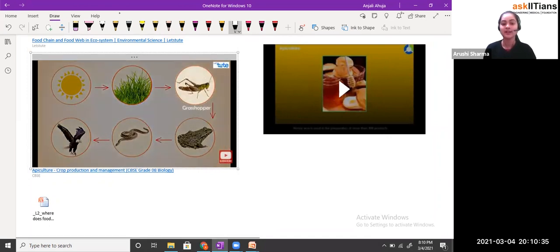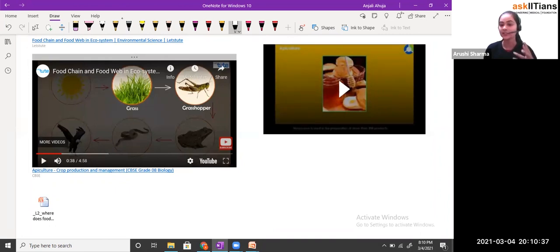Students, now we know that every organism depends upon food for survival, but how are we getting it? Now we are going to see about the food chain and the food web. So just observe it very carefully.